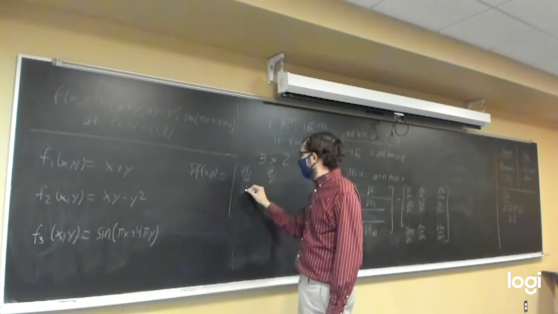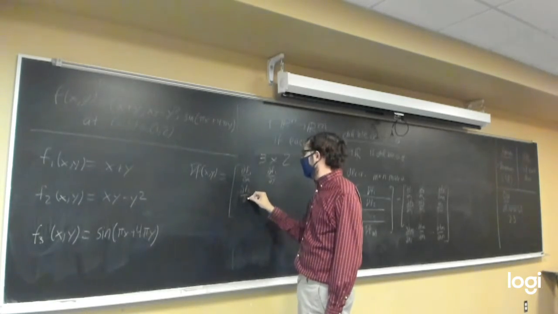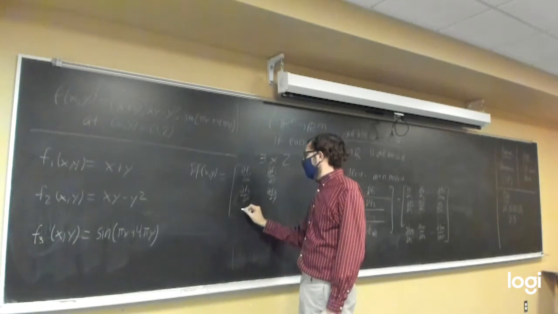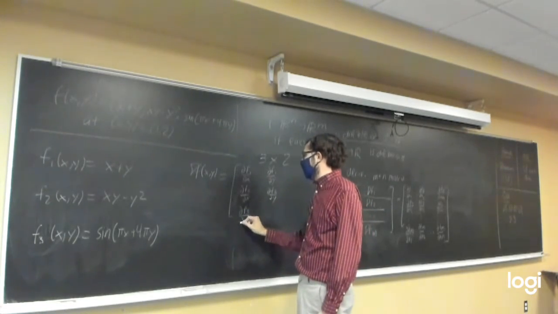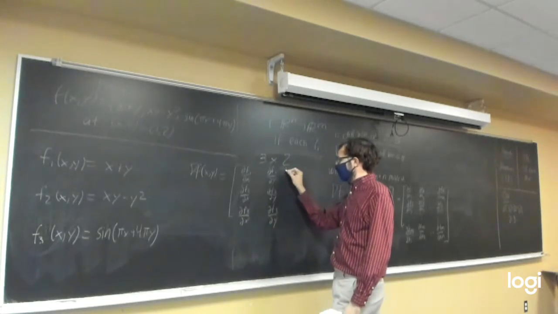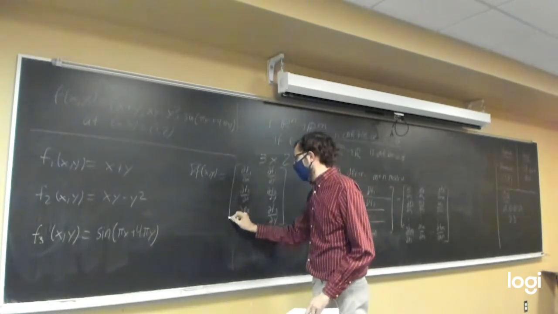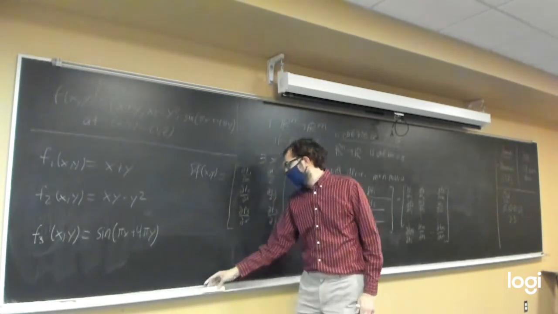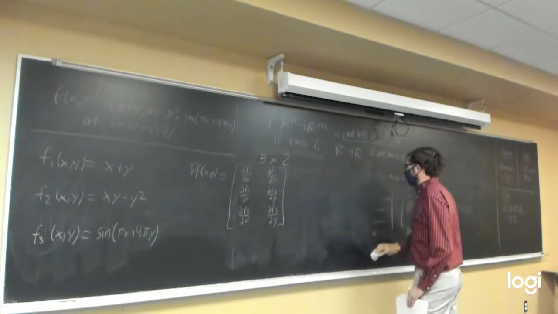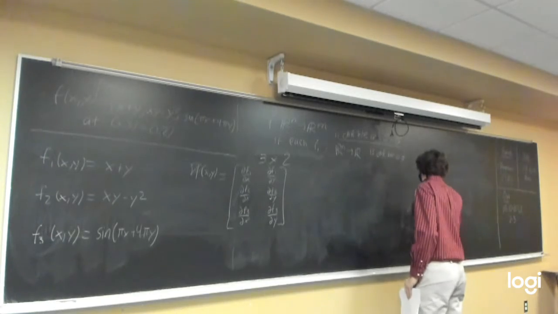Second row is the partial derivatives of f2. And the third row will be our partial derivatives of f3. Matrix isn't big enough. So let's see what happens when we go through and evaluate each one of these.